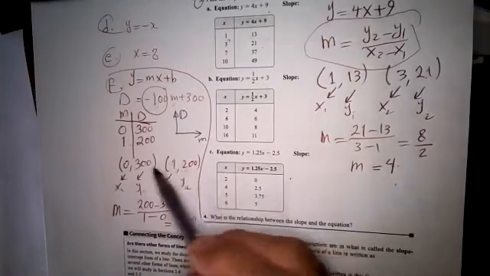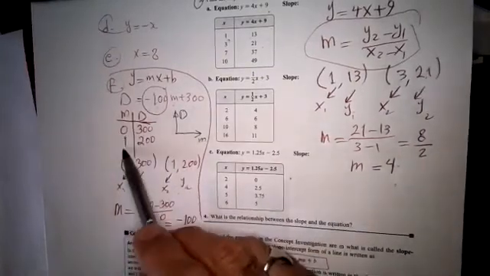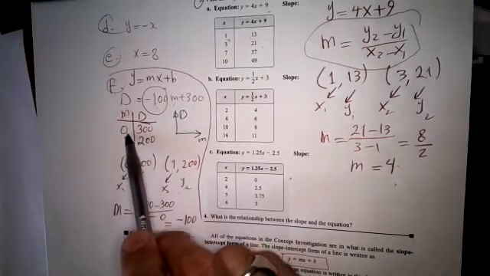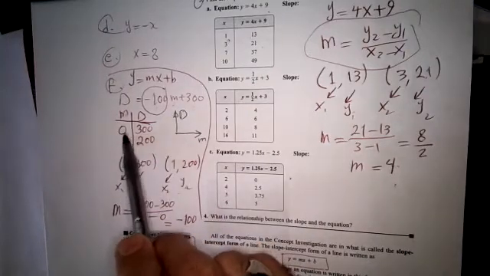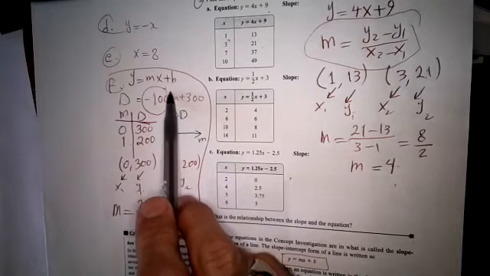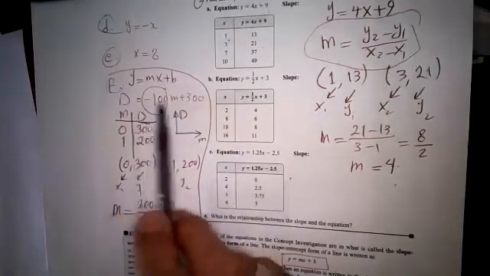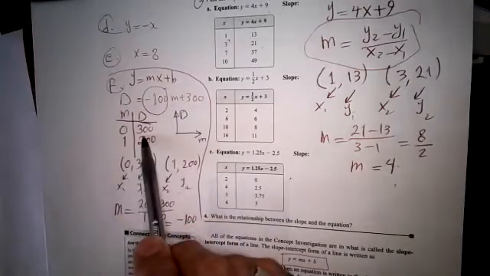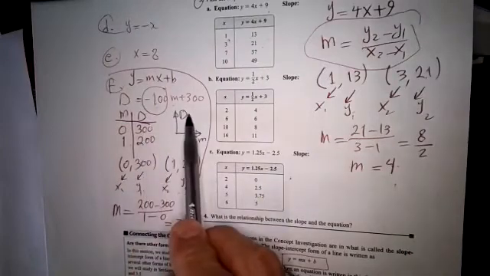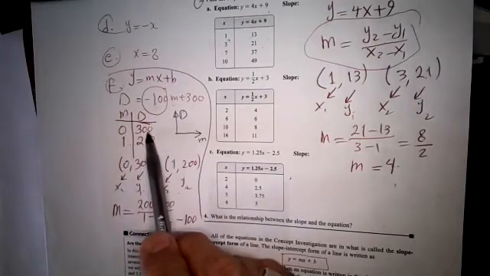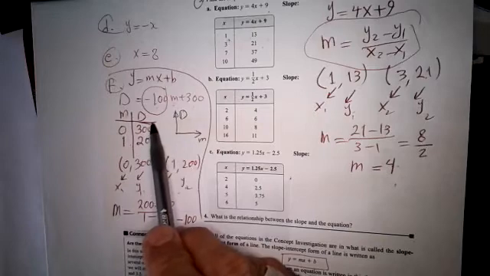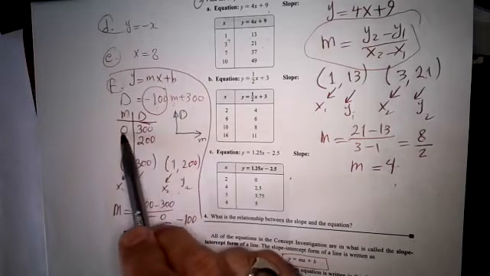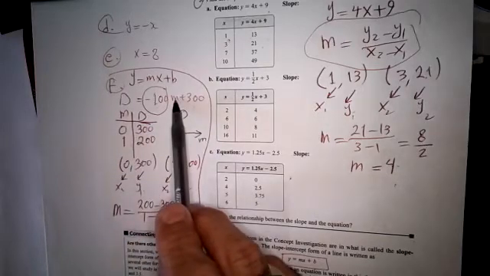How do I do that? Just come up with 2 arbitrary numbers for m. One of the good numbers is always 0. When m is 0, you substitute that here. That would eliminate this, so d is 300. This is 1 point. We don't have to graph it because we want to just use the equation. You see 300 is a large number. The second arbitrary number is when m is 1. You put that one here.